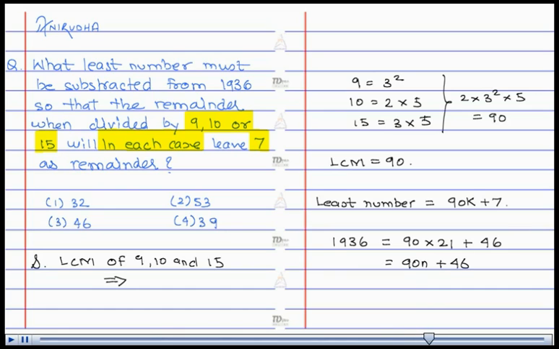But ideally, we require a number of the form 90k plus 7. Therefore, we write it as 90k plus 7 plus 39, and therefore our required number, that is the least number that should be subtracted, is 39. That is answer option number 4.